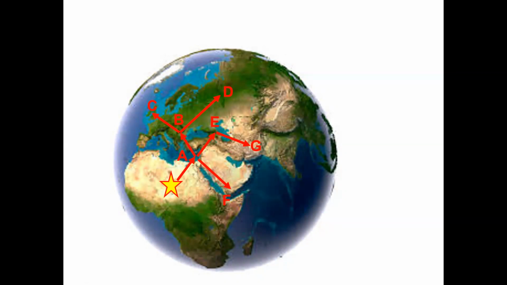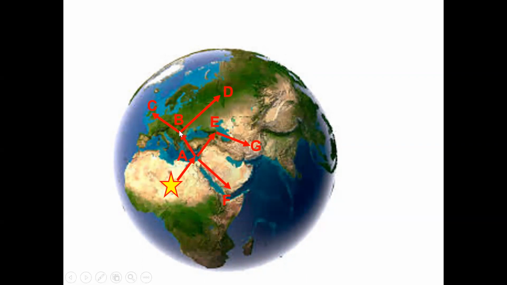Now, that population might have then split. Some might have gone north, some in this direction, sort of northeast, and some more southeast in this direction. Those organisms here and those organisms there would have all carried that mutation A.